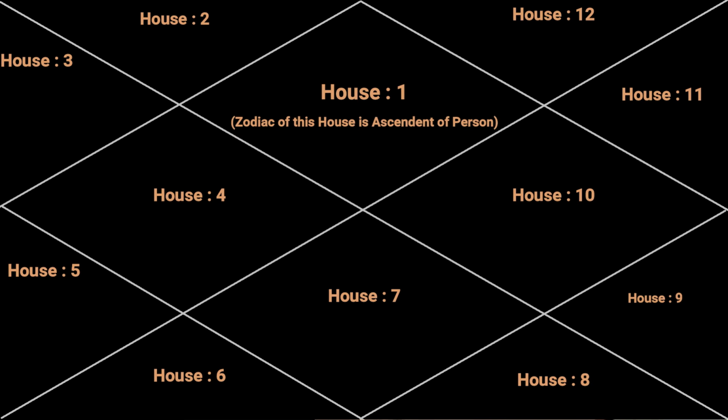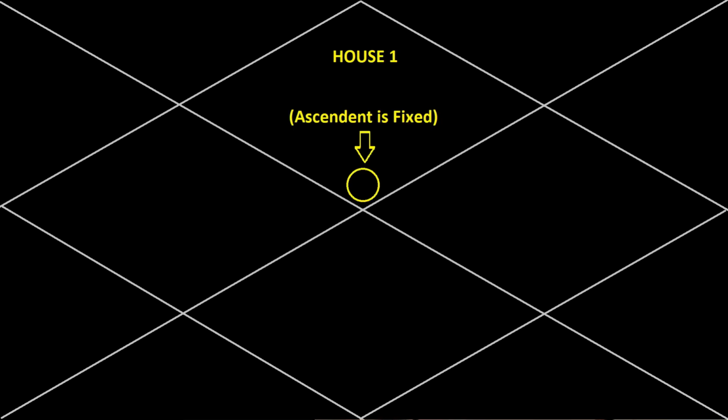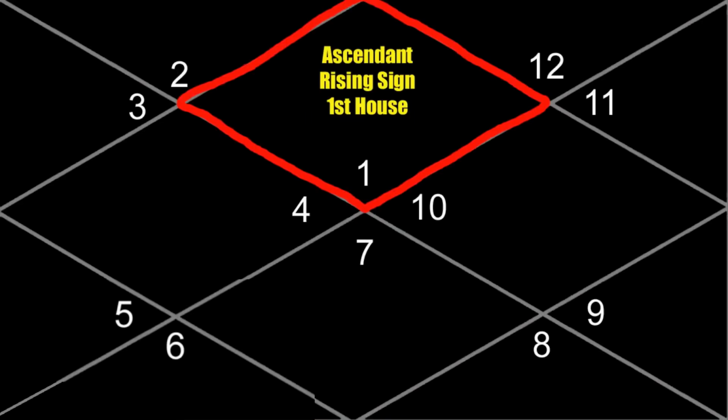So if I was to ask you where's your ascendant or what sign and house your ascendant is placed at, you will always refer to this box, whether I'm talking about your birth chart, your moon chart, your sun chart, your divisional chart, your Navamsha, Dashamsha, Trimshamsha, Shashtiamsha, Saptamsha, any chart of Vedic astrology. This is the ascendant, the main square that you saw with the ascendant written.